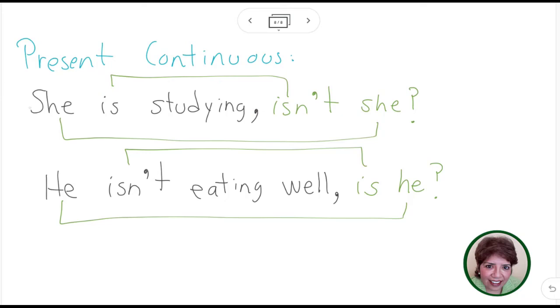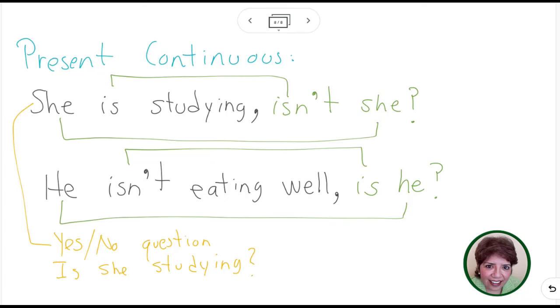If we were going to write a yes/no question of this sentence, it could be like this: she is studying. Is she studying?